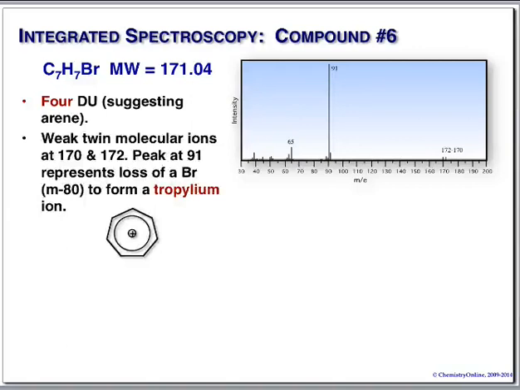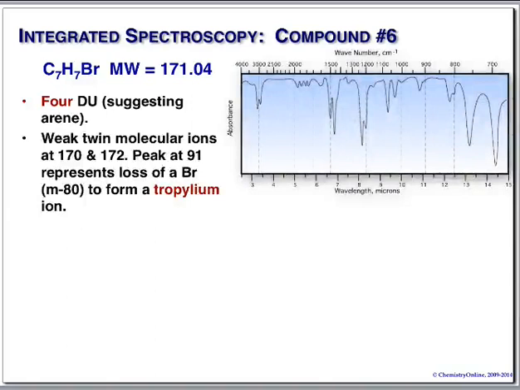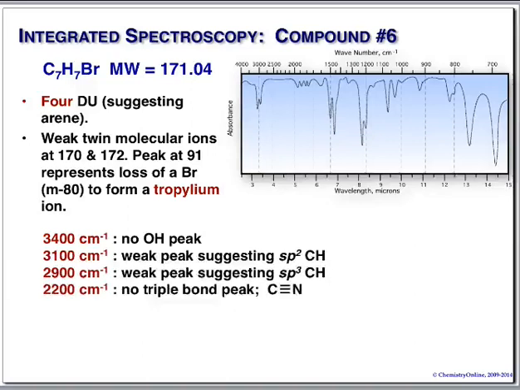For our NMR, oh, we didn't do IR, did we? Sorry. 3400, there's nothing. 3100, nice peak for unsaturated CH. Nice little peak for saturated CH. No triple bond. No carbonyl.